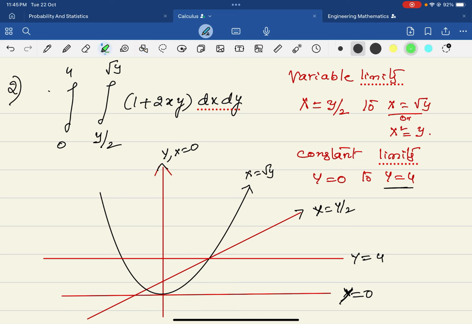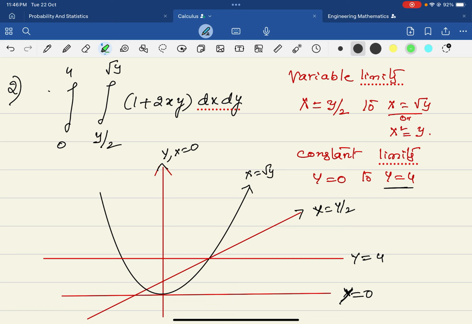Now let us shade the region. What is the shading now? Let us see. You have to go from x is y by 2 to x equal to root y. From the left, your left boundary is x is y by 2, to the right boundary, x equal to root y.